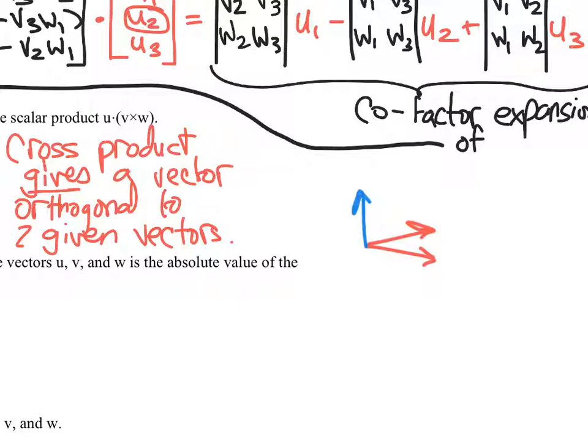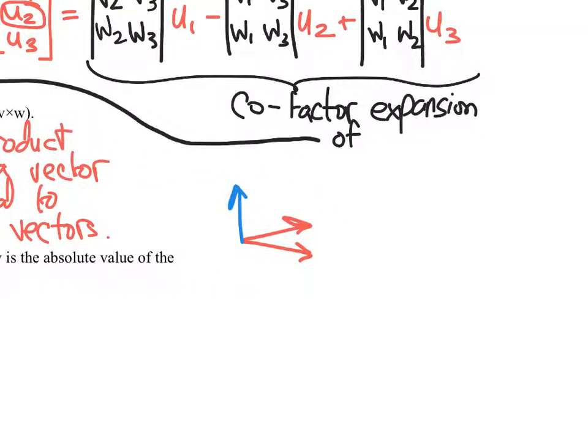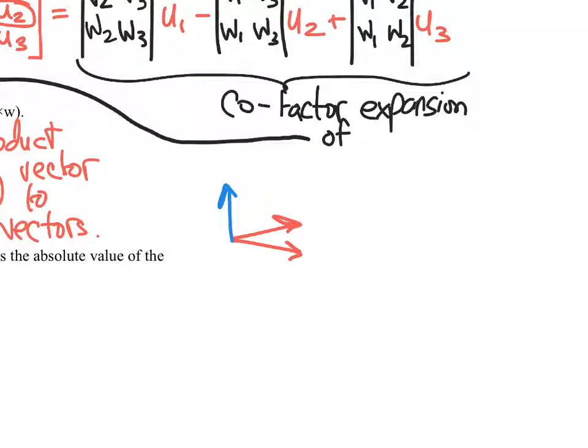Now, we talked about the idea that the magnitude of the cross product is going to basically simulate a parallelogram. So I'm going to draw that parallelogram and give us the area.